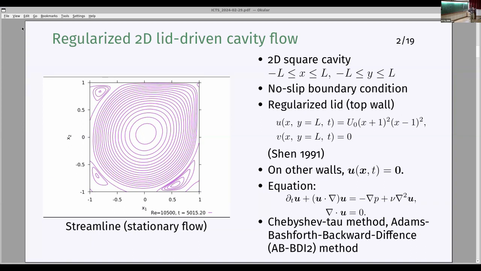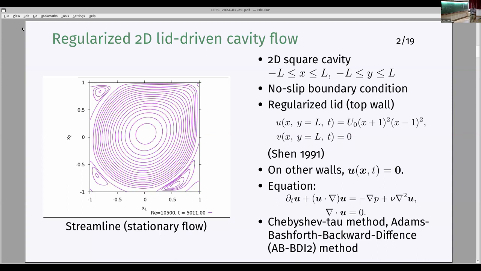So the boundary condition is no slip, and the equation is just the two-dimensional Navier-Stokes equation. And I have used the standard Chebyshev-tau method. I solve the time evolution, and it reaches a stationary state. For this particular flow, the Reynolds number is 10,000.